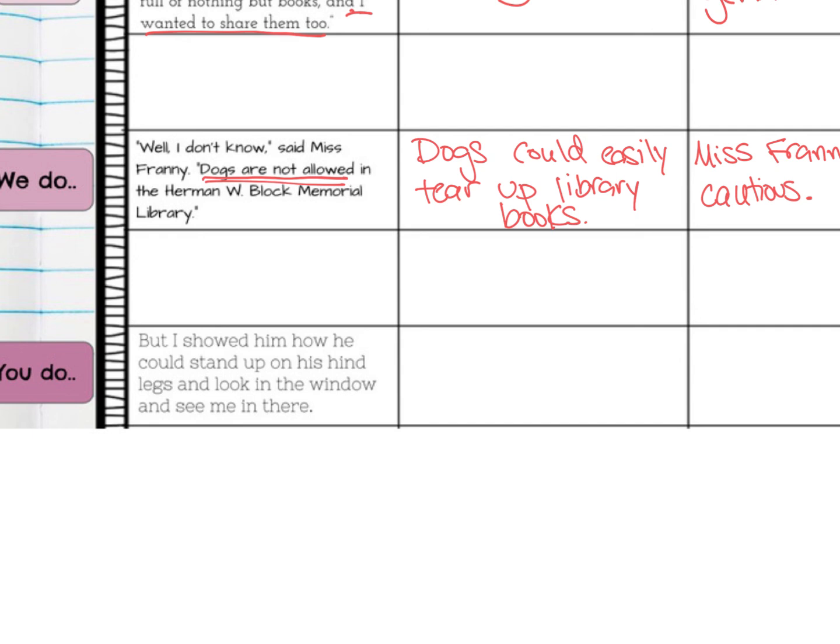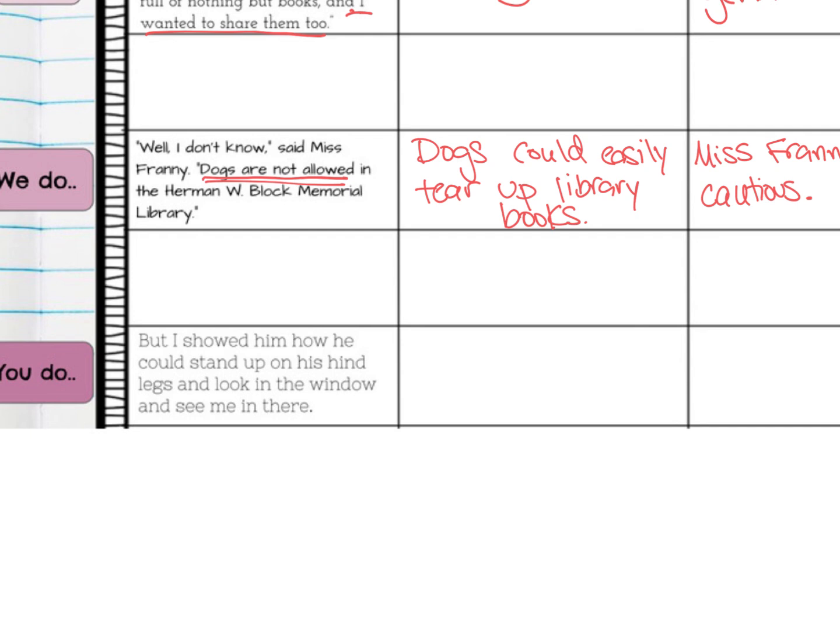"But I showed him how he could stand up on his hind legs and look in the window and see me in there." Now, remember, this is when Opal is teaching the dog, Winn-Dixie, how to look for her through the window. I'm thinking about what I already know about dogs. I want you to think about it too.